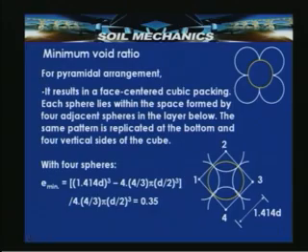So, for the cubic arrangement, for the loosest state, we said that the maximum void ratio will be around 0.91, and for pyramidal arrangement in the densest state, the minimum void ratio will be around 0.35.